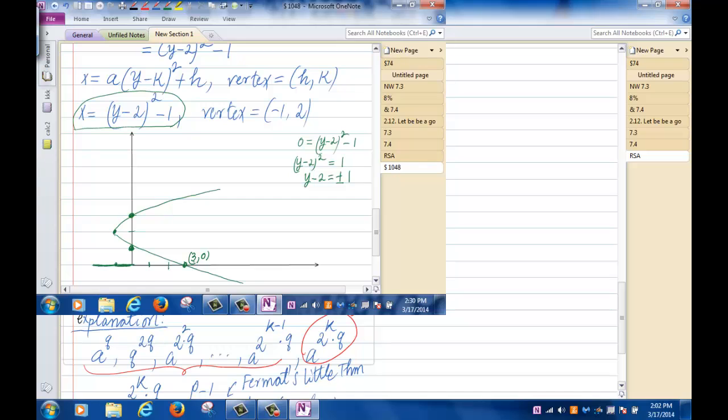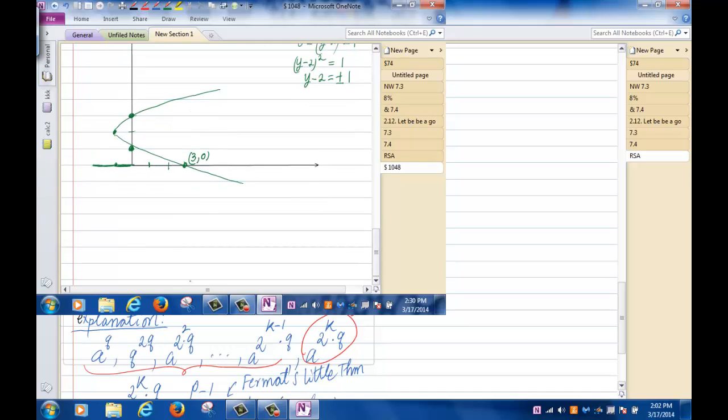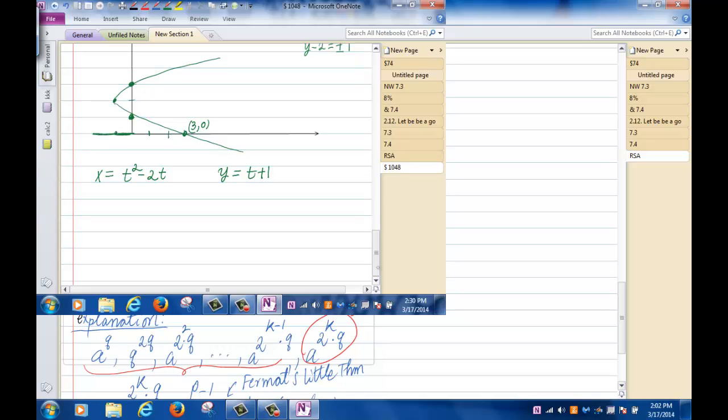Okay, so let's look at the question that I asked. How do I answer that? To answer that question, we are going to go back and look at the functions x and y. So what was x as a function of t? It was t squared minus 2t, and the function y was t plus 1. Now remember, what was t? t was any real number, right?